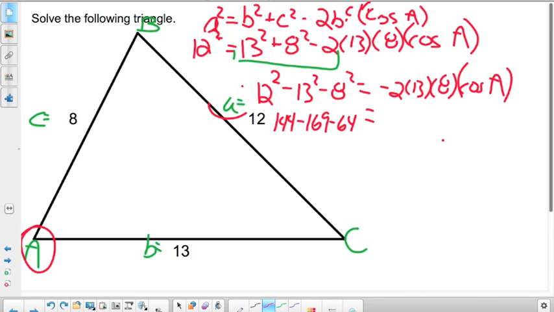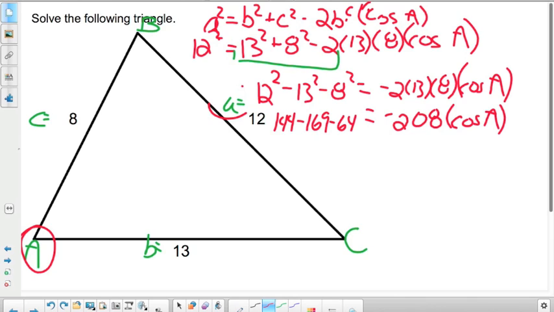What's 2 times 13 times 8? Negative 208. Now I'm going to clean up the other side first.